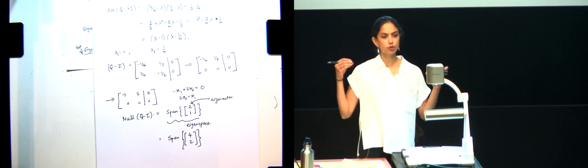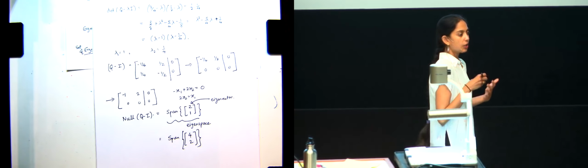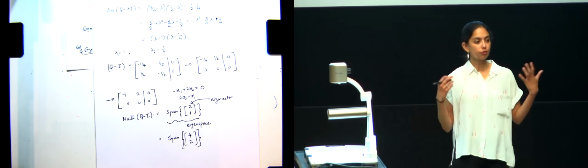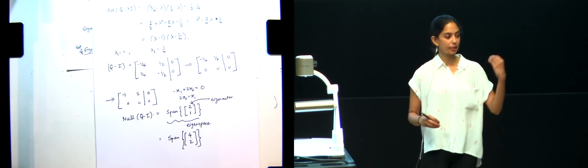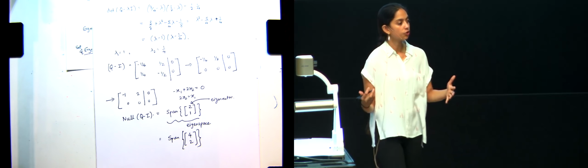I can, right? So is 4, 2 also an eigenvector? It is also an eigenvector. So the word eigenvector is often used in a way that makes it feel like there should be only one eigenvector. But this is really why we're introducing this notion of eigenspace.